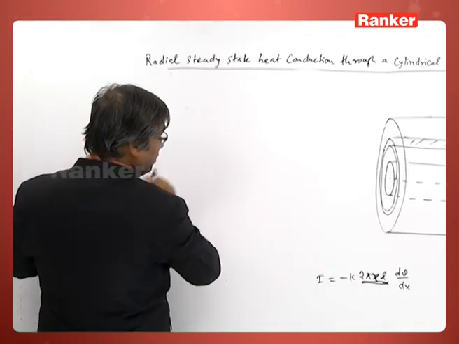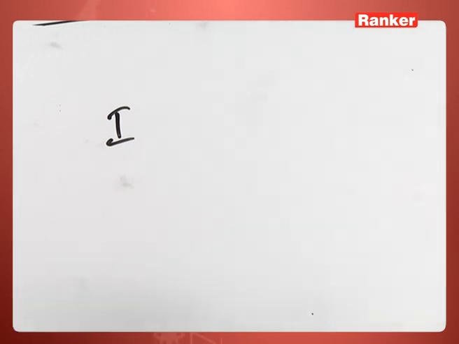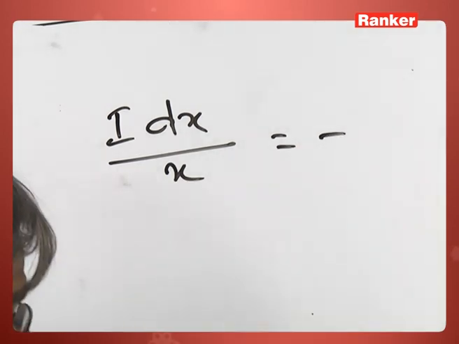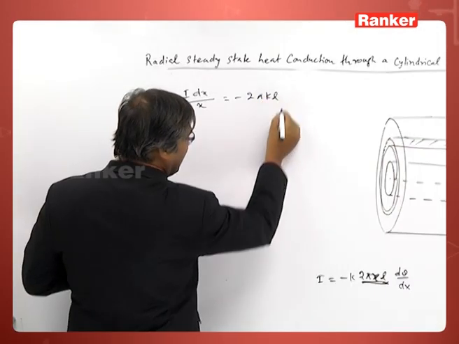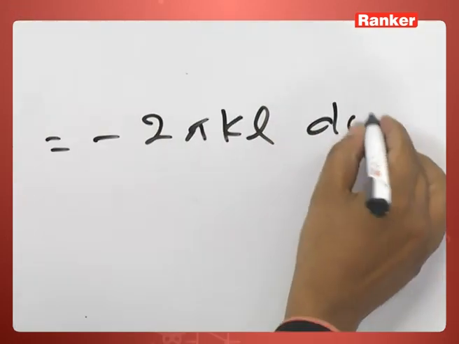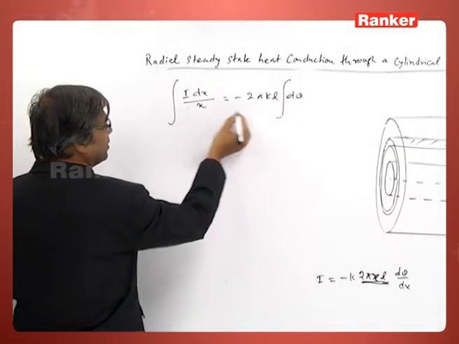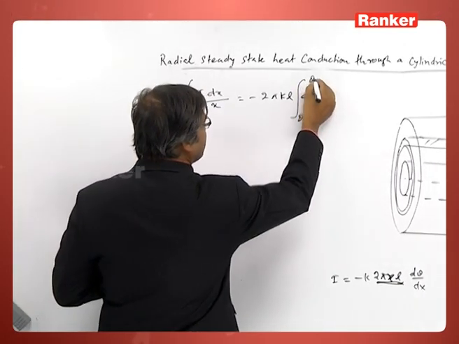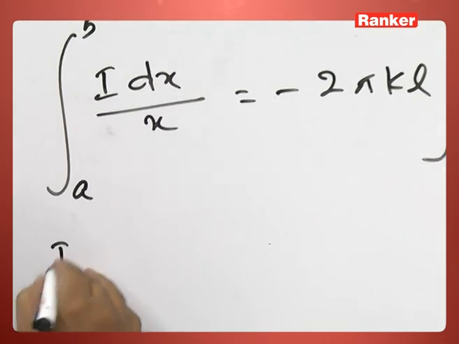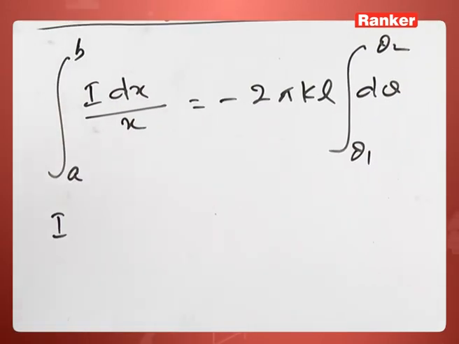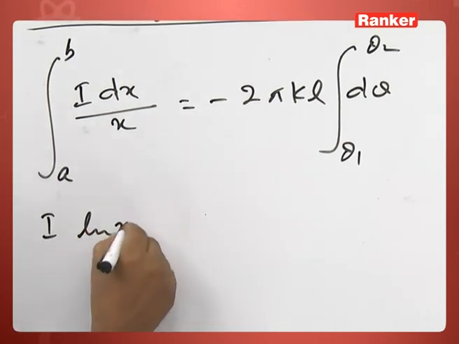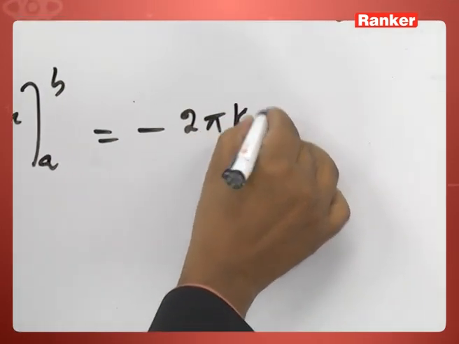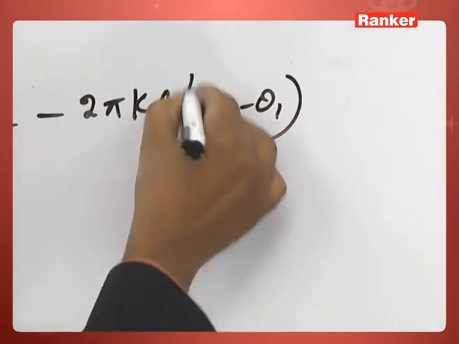So, I dx by x, this x comes here, is equal to minus 2 pi k L, let L be present, d theta. And if I integrate, when theta 1 is the temperature here, x is A, and when theta 2 is the temperature here, x is B. So, I times the integration of 1 by x, which is ln x from A to B, equals minus 2 pi k L times theta 2 minus theta 1.